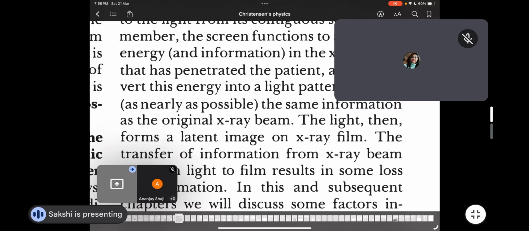They will go on the intensifying screen, they will emit light, and that light will again ultimately expose the film. Think about it on your own. Give it 2 minutes, you think.